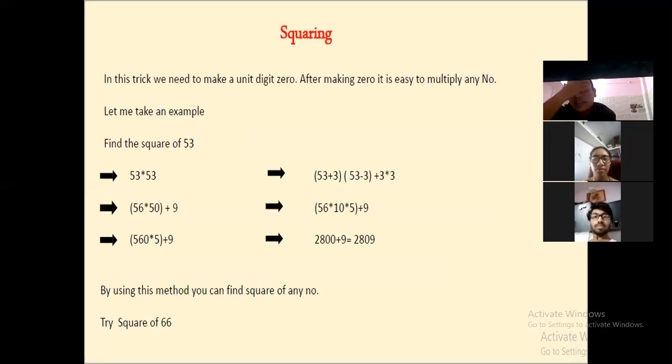So let us take an example. Find the square of 53. This is my number 53, and we have to find the square of 53.